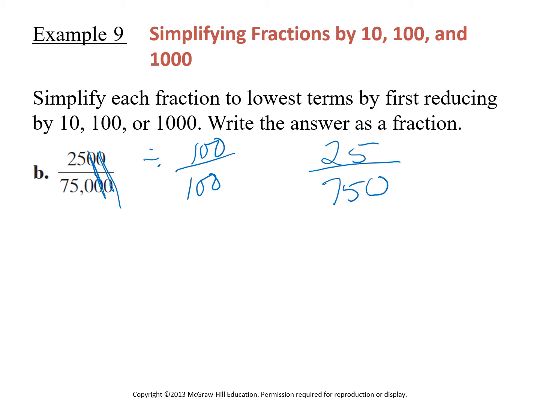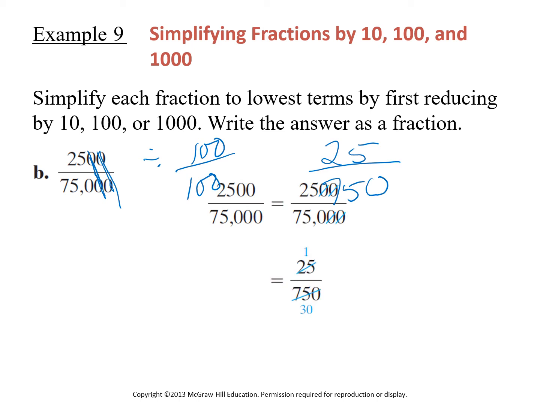And that's going to make it a little bit easier to reduce, and then I can reduce any way I want. I can recognize that 25 is a factor of 750, and that's going to simplify to 1/30.